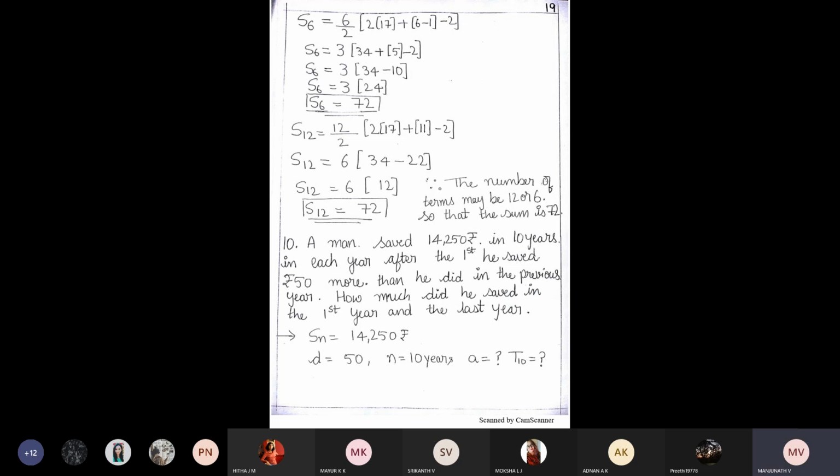And find T10. T10 is equal to what? And also the first term, that is A, which is equal to T1. You need to find two things. Please answer this.